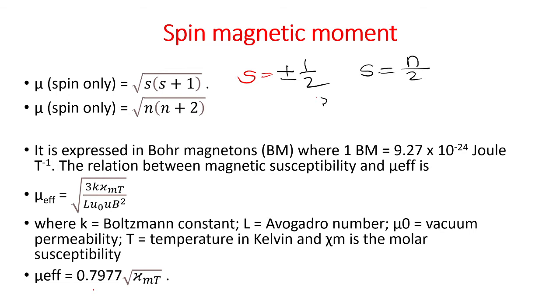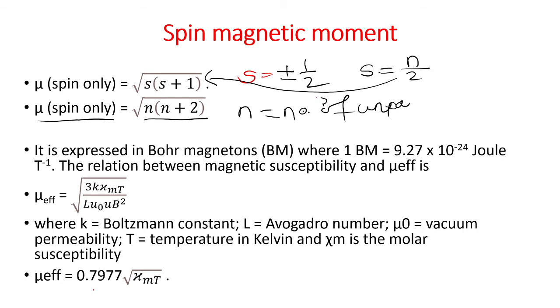If we put this value of n by 2 in the equation, the final answer is the spin magnetic moment equal to under root n into n plus 2, where n is the number of unpaired electrons. That means if we know the number of unpaired electrons in the metal ion, we can calculate the spin magnetic moment. However, the magnetic moment cannot be determined directly by experiment.